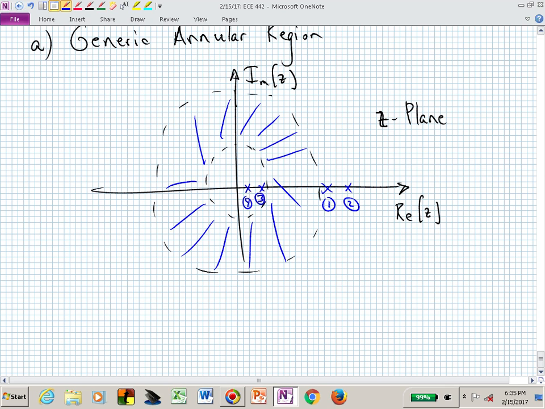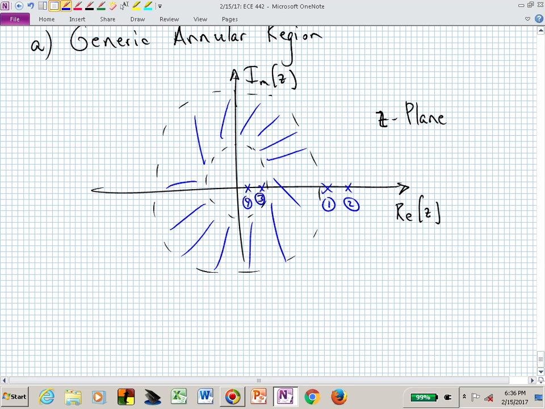I could have many different poles, and they may be in various locations, but two of those poles, if I have an annular region, will be bounding my region of convergence. In this case, the number 3 pole is just inside the region of convergence, and the number 1 pole is just outside the region of convergence. Is that clear? Maybe not from my sketch, but that's what I'm trying to imply.